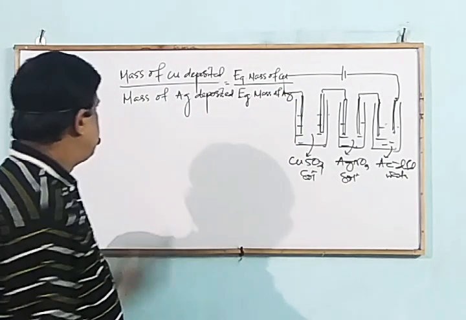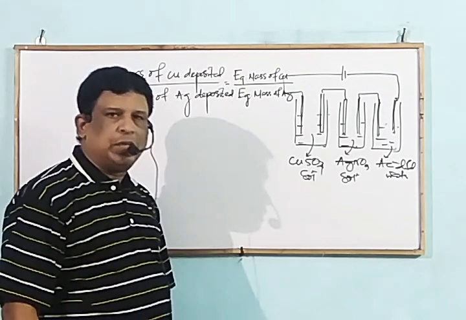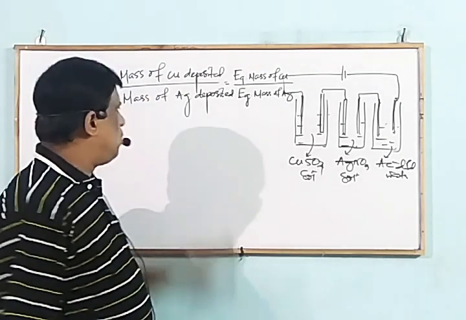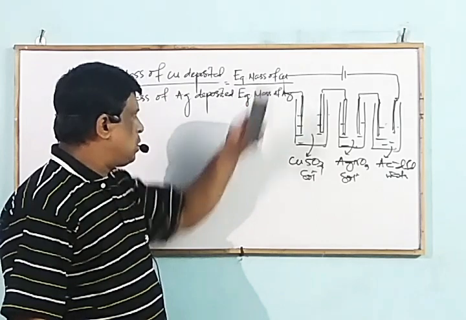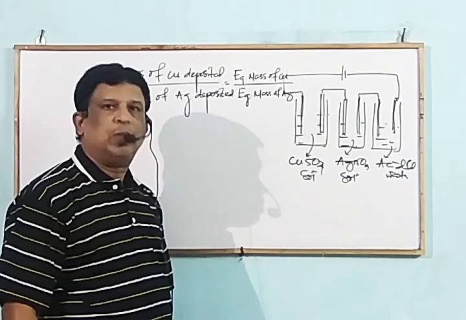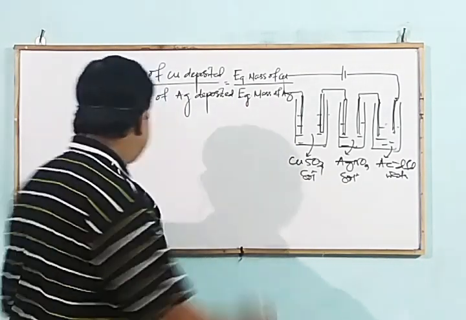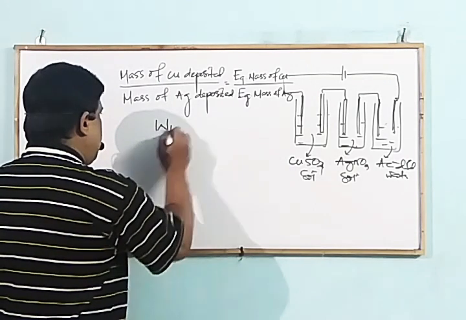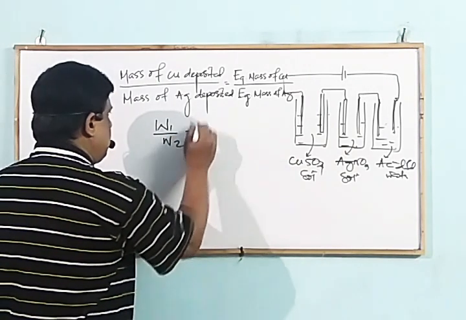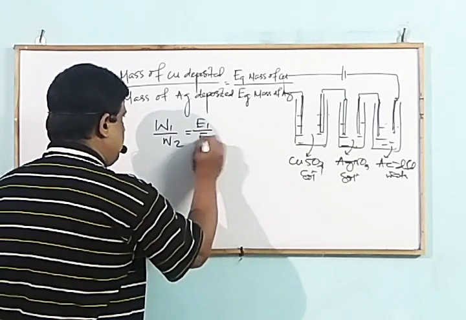Let us consider that the mass of copper deposited is W1 and that of silver is W2. Equivalent mass of copper is E1 and that of silver is E2. Then according to this law, W1/W2 = E1/E2.